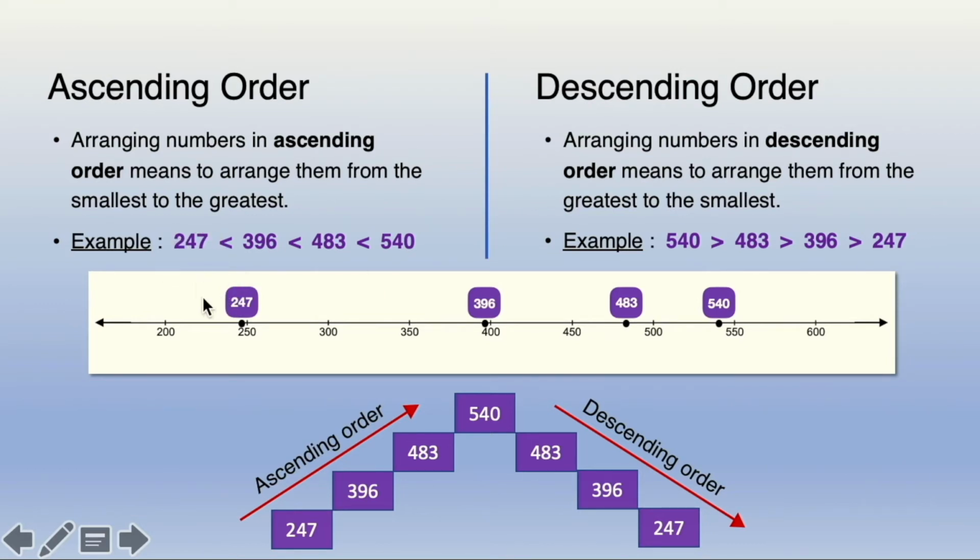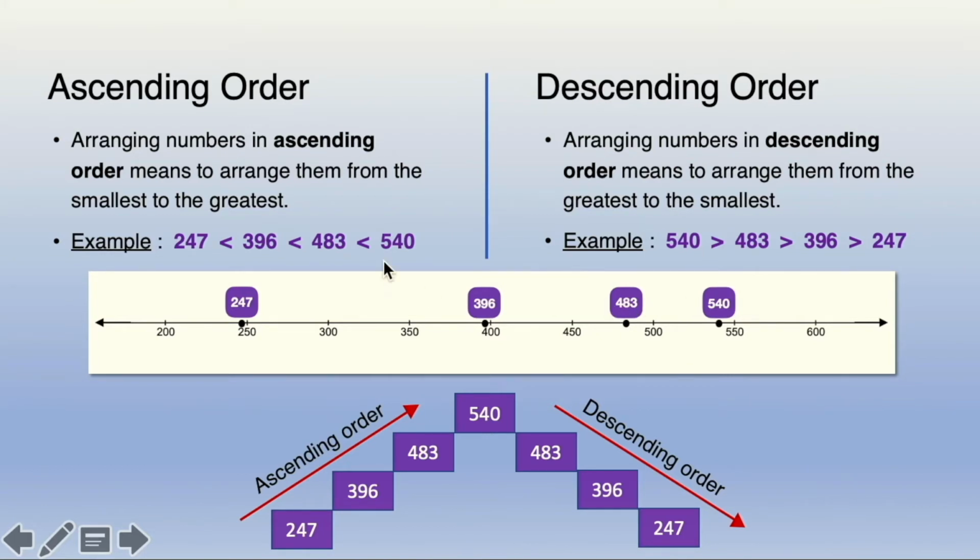Now, the next number along this number line out of these 4 numbers is 396, which is greater than this number 247, but it is less than the remaining 2 numbers. So this is our second number in the ascending order. Then the next number is 483, which is greater than 396 but less than the remaining number.